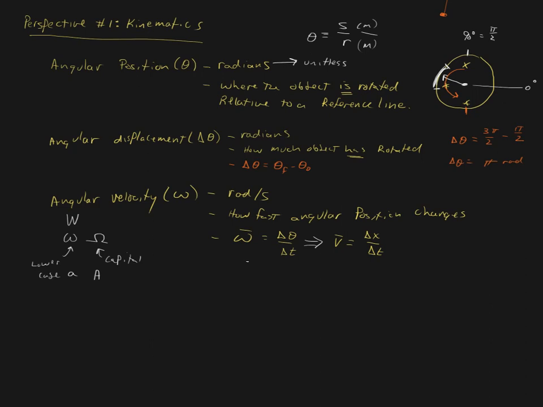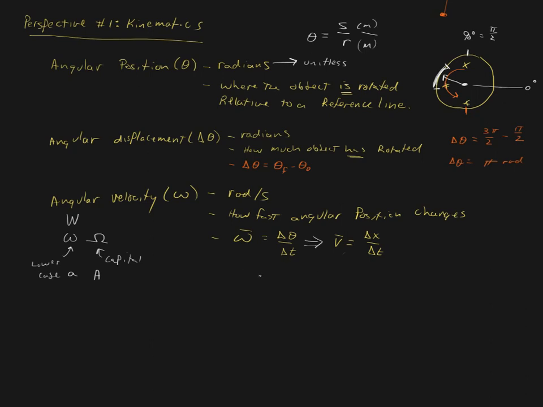In other words, it's an equation that has the exact same variables, except instead of using translational variables, we're using rotational variables. For example, this v is the translational velocity, omega is a rotational velocity. So you're going to see this a lot, and that should help you through the unit.